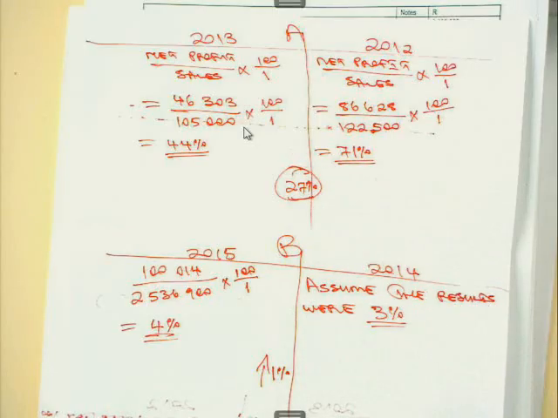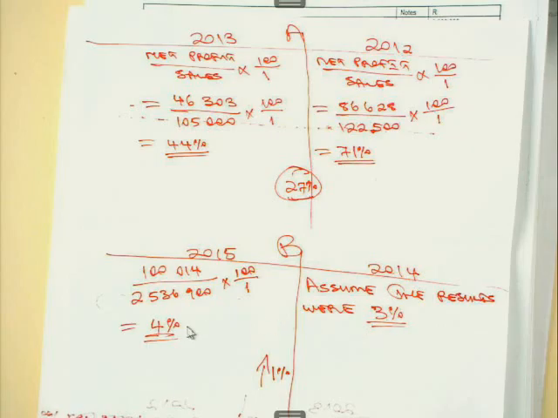That in activity B, the profit margin improved from 3% in 2014 to 4% in 2015. Although they've improved, these results are too low, because it says to you that for every 1 rand that you are selling, you are earning 3 cents as a profit.